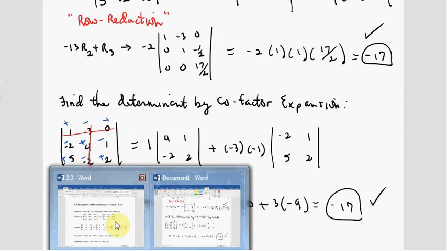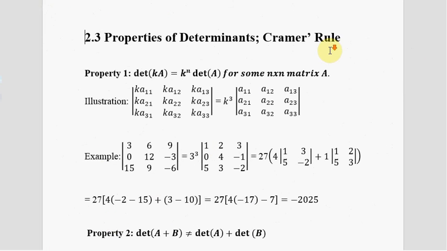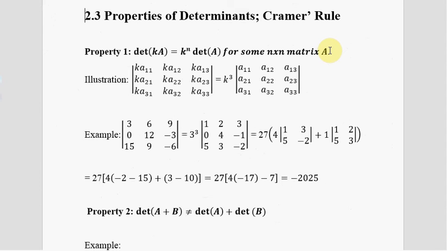Let's look now at section 2.3, properties of determinants. And we've kind of been talking about it, but let's give the formal justification for it. That the determinant of a matrix where there's a common factor in all 3 rows becomes, if it's a 3 by 3 like this example, if I can factor out a k from each row, that's going to be k to the n, whatever the number of rows you have.